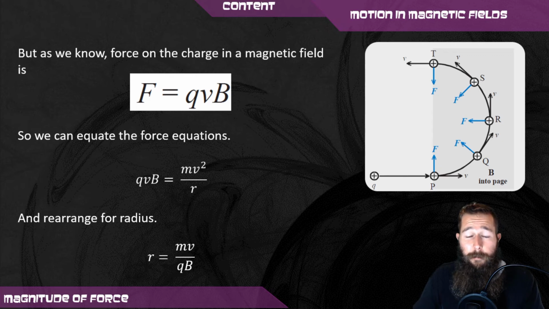Now, as we're looking at a particle in uniform circular motion here, we know previously that the force is given by this, but that's the same force as the uniform circular motion, which is the one we had just on that previous slide, and we can equate these two. We can simplify this equation to find the radius of motion is given by mass times velocity divided by the charge of the particle and the strength of the magnetic field.